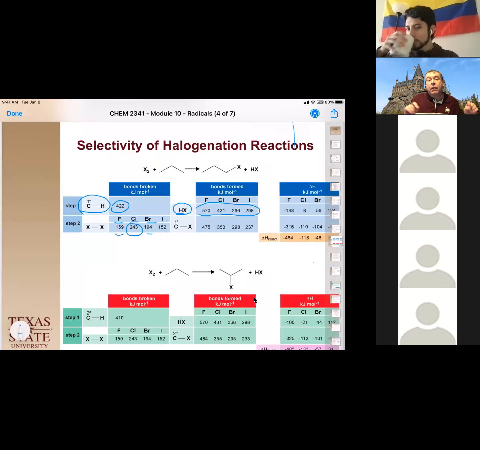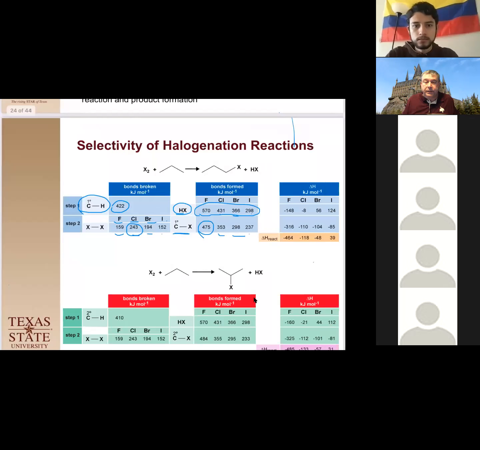Also, the energies we get from making the carbon-halogen bonds: the fluorine-carbon bond is very strong and has the highest energy available, and it goes down after that as the atoms get bigger, the bond gets longer, and so it has less and less energy.